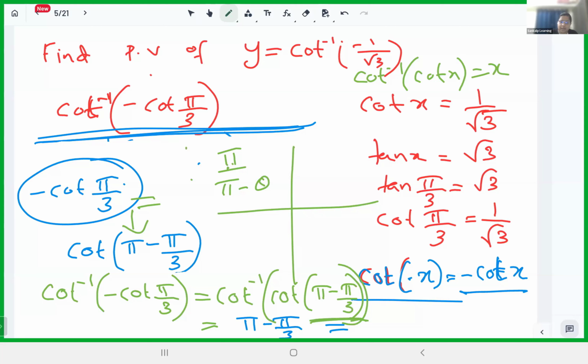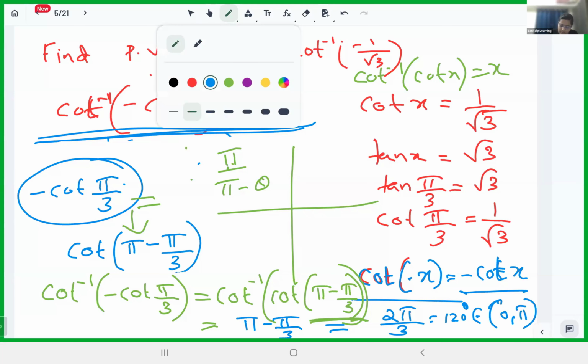It is 3 pi minus pi by 3, that is equal to 2 pi by 3. 2 pi by 3 means 2 into 60, which is 120 degree. Cot inverse means the open interval 0 to pi, and 120 degree belongs to the PVB. So we can say that 2 pi by 3 is the answer.